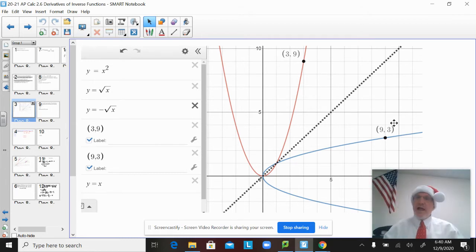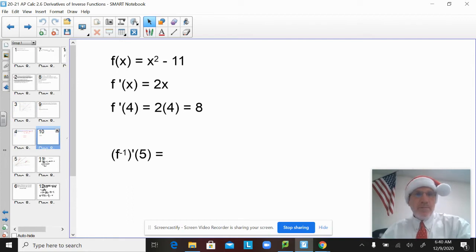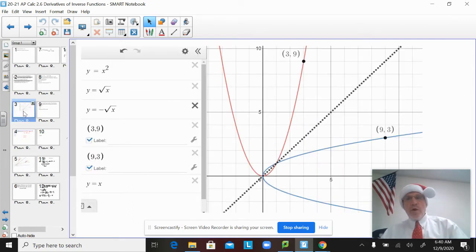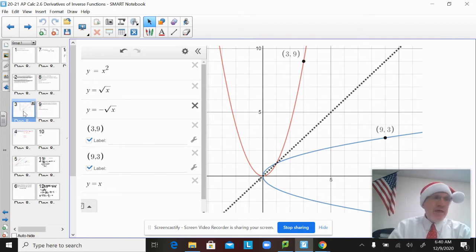Okay, so now we want to look at derivatives. We're going to look at those two graphs, x squared and root x, and in particular the point 3, 9 on the original graph and the point 9, 3 on the inverse, and find what the slopes of the tangent lines are. It turns out there's a relationship that's going to help us find any inverse derivative.